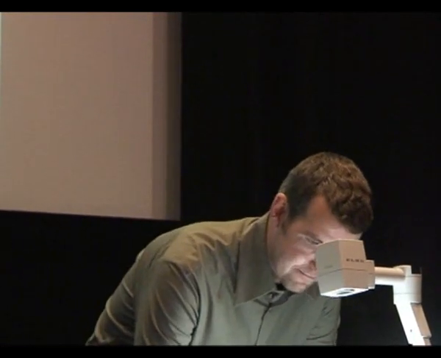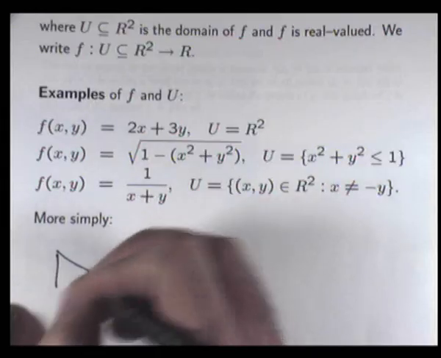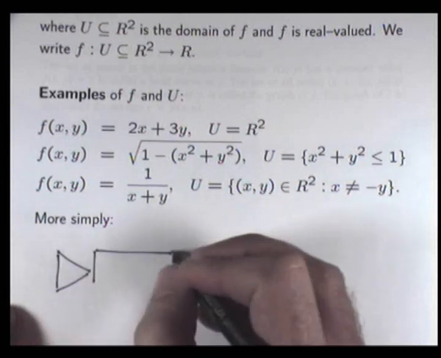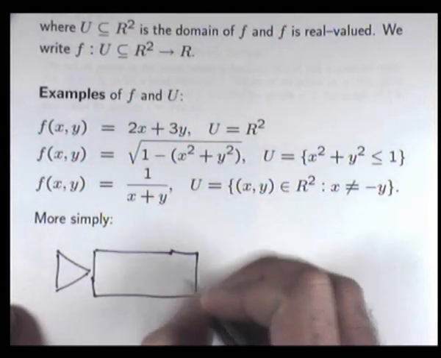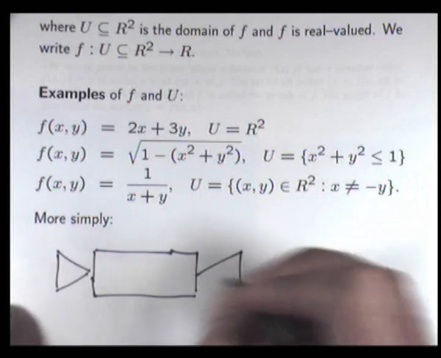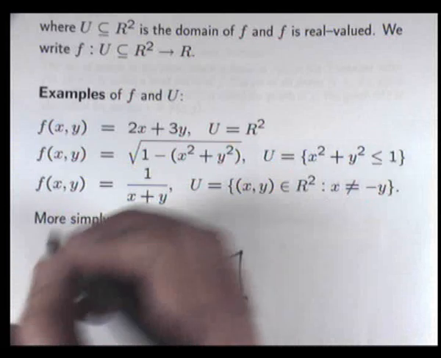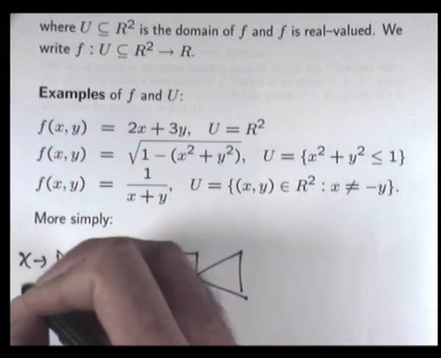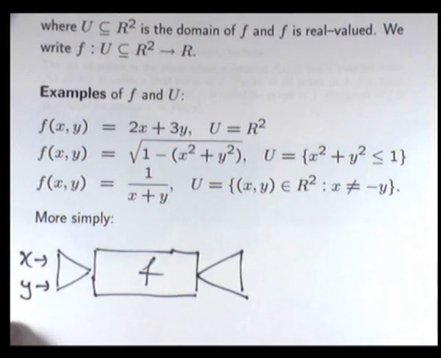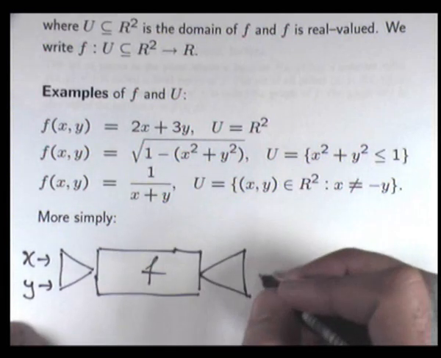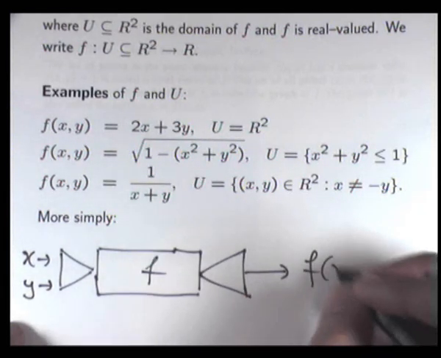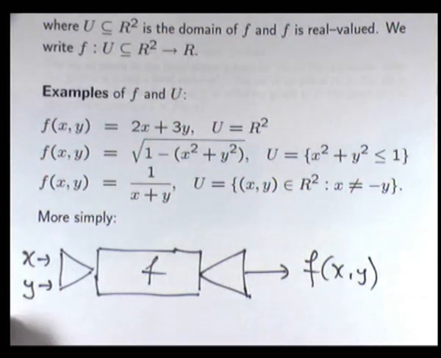Even more simply speaking, you can think of our function as a function machine where you input two values, x and y, and it outputs a real number, f of x comma y.